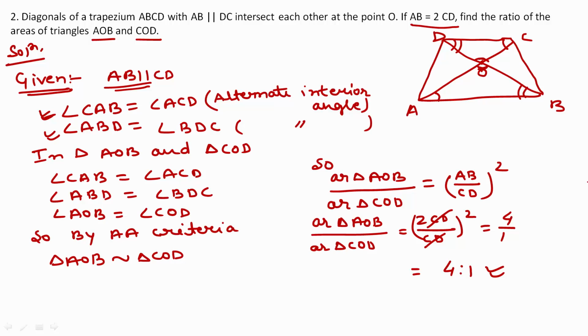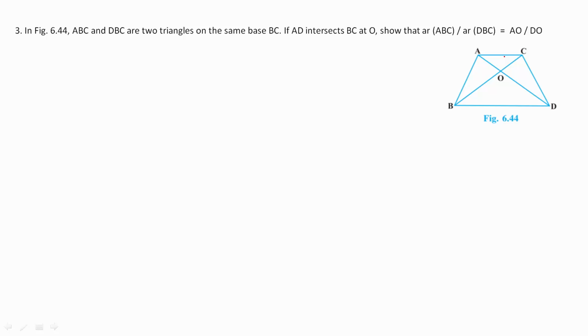Now see the third question. The third question is: in figure 6.44, ABC and DBC are two triangles on the same base BC.